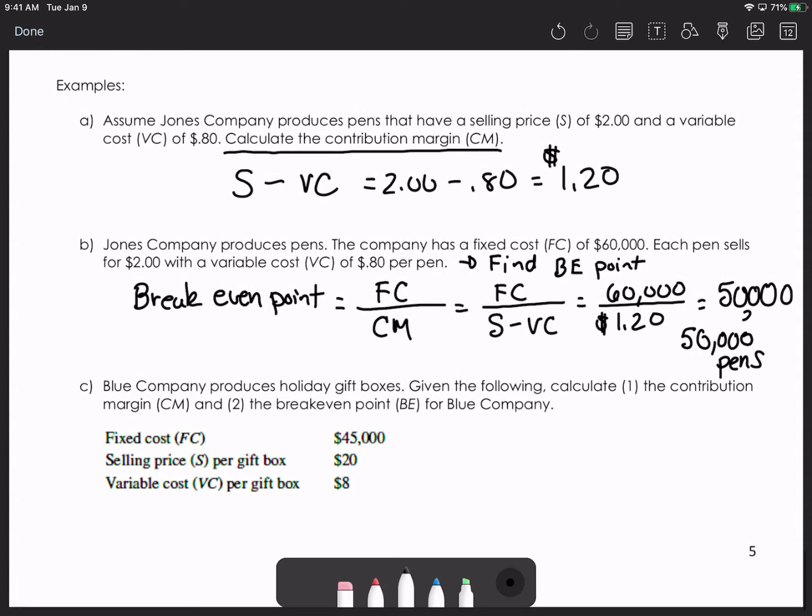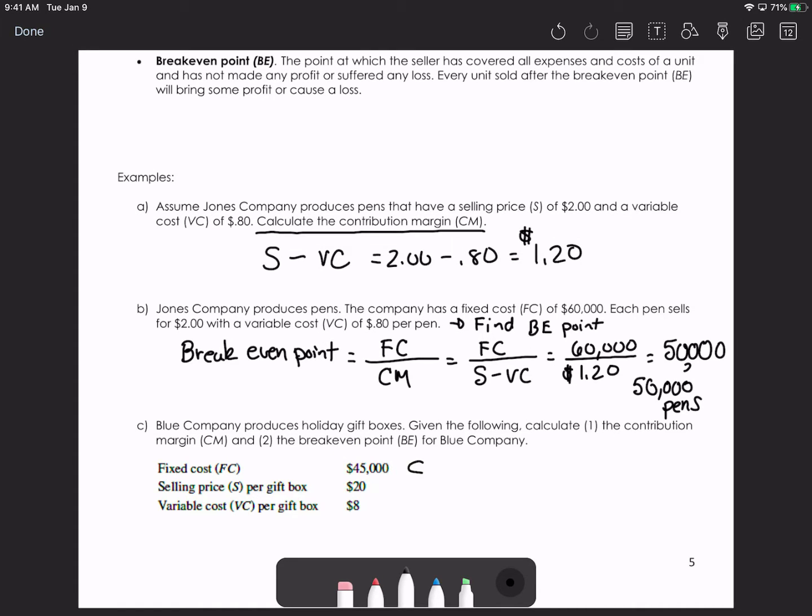Okay, last example. It says Blue Company produces holiday gift boxes. Given the following, calculate the contribution margin and the break-even point. So we need to find the contribution margin, which is the selling price minus the variable cost, which according to the information given would be 20 minus 8, which would be $12.